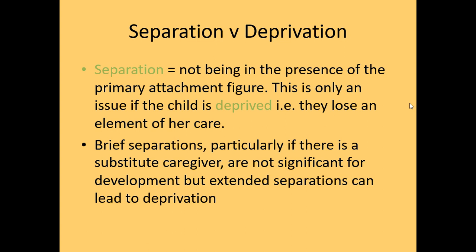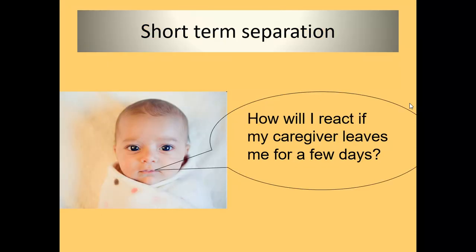Brief separations aren't significant, but Bowlby suggested that extended separations can lead to deprivation. So short separations are fine, but extended separations can lead to deprivation. You can get maternal deprivation, where the child is separated from their main caregiver. And remember, Bowlby always assumes that's their mum, so that's why it's maternal deprivation.